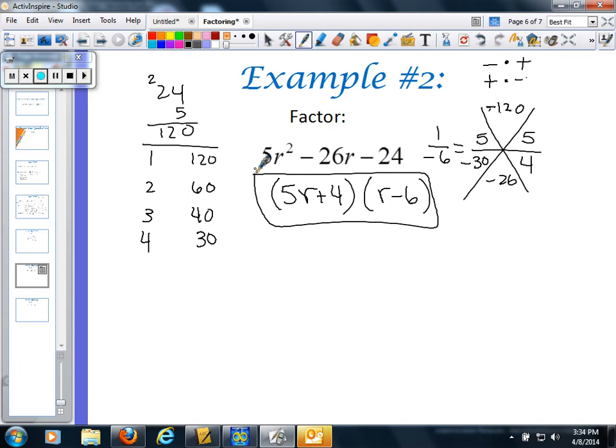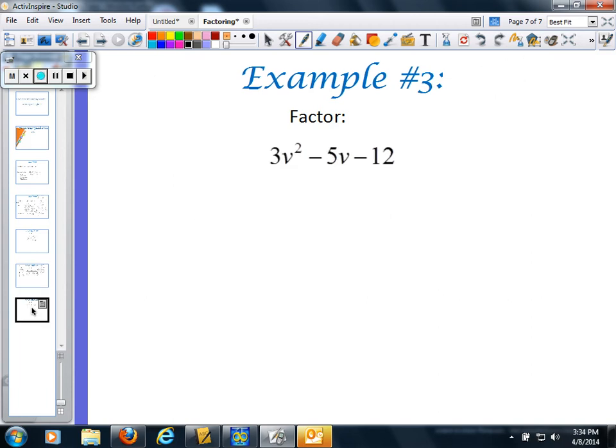Next, 3b squared minus 5b minus 12. Same idea. 3 times negative 12 is negative 36. This is negative 5. I'm going to put a 3 here and a 3 here.